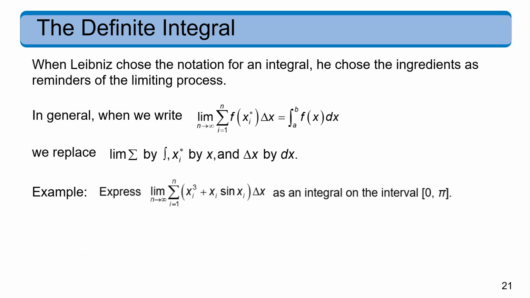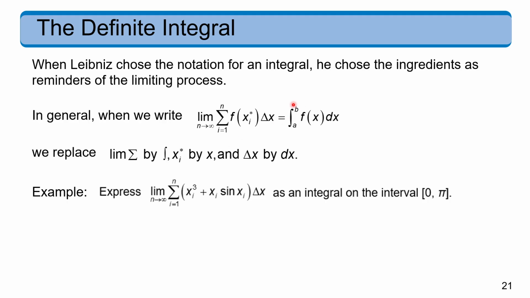I wanted to talk a little bit more about the notation for the definite integral. So the notation was developed by Leibniz, right? The same guy that made the Leibniz notation for the derivative that we learned. And so he chose these symbols. So notice this is the definition of the definite integral written in its limit definition form.